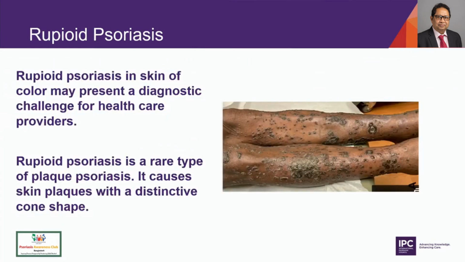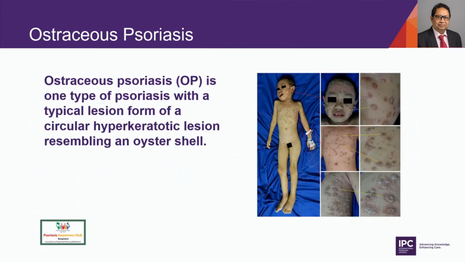So there are some atypical types of psoriasis, that is rupioid psoriasis. It is very easy to confuse it with other skin conditions. It is a cone-shaped type of lesion. And another one is ostraceous psoriasis.